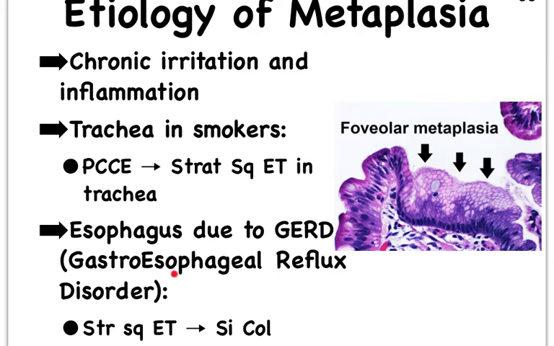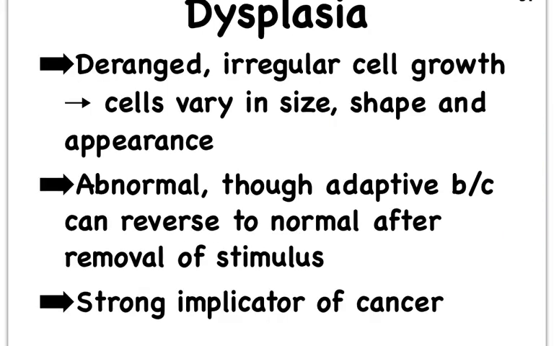In the case of GERD, it means that a person is often seeing some of the stomach acids move up into the esophagus, constantly irritating the esophagus and therefore causing lots of inflammation. So chronic irritation with inflammation can cause metaplasia.